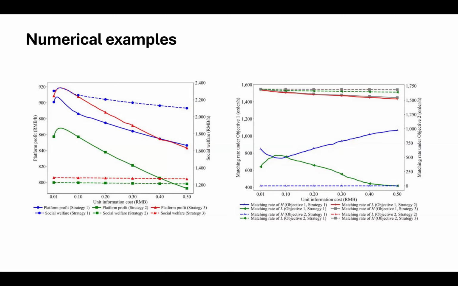objective, the dashed line. It shows a relatively stable overall matching performance, but with a distinct pattern. The matching rate for high-quality survey remains consistently low and nearly unchanged, while the matching rate for low-quality survey stays consistently higher.